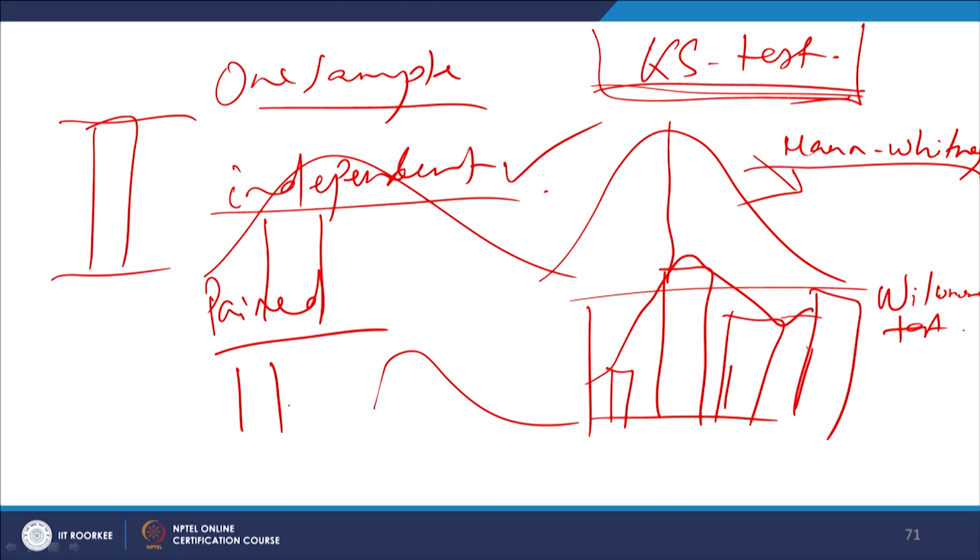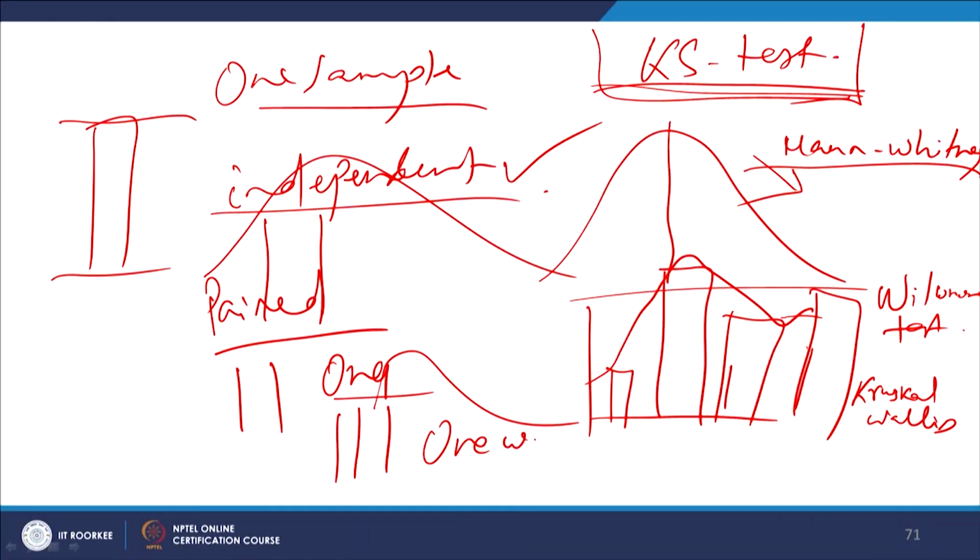When you have more than two groups, we said it is a case of 3 groups, it is a one way ANOVA. So, instead of a one way ANOVA, for the non-parametric case we have a Kruskal-Wallis, right. Then we said what happens if my data has repeated measures, that means the same respondents are being repeated twice, thrice, 4 times.